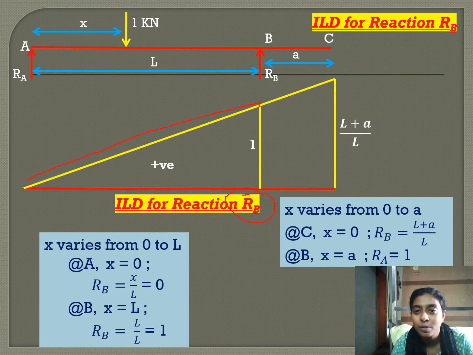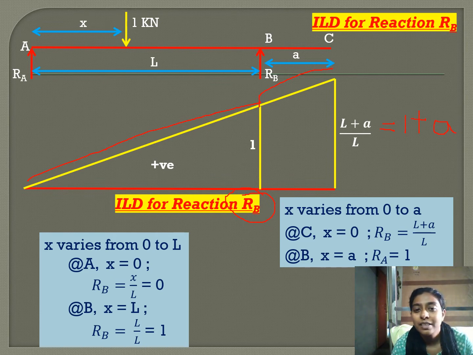When the unit load is in the portion BC, at B it is 1 and at C it is 1 plus A.